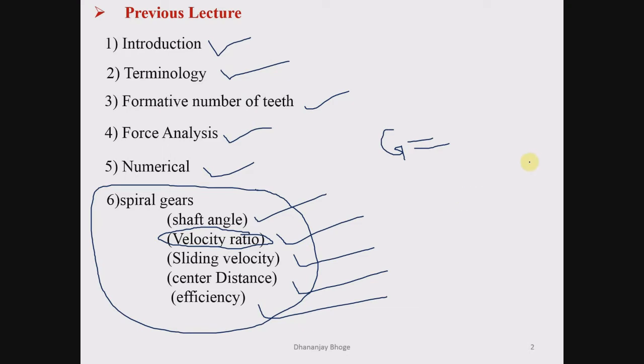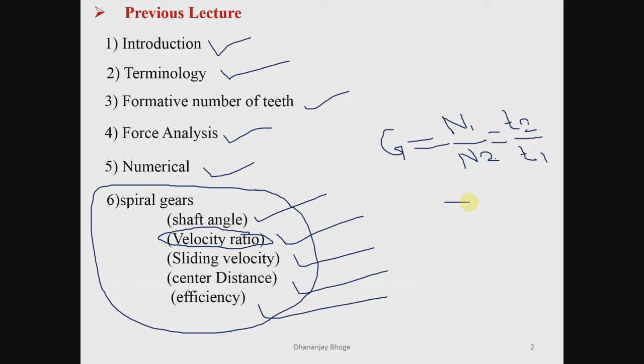So what we write for gear ratio? Speed of input gear divided by speed of output gear. This is important, you have to remember this. This is equal to number of teeth on driven gear divided by number of teeth on driving gear.